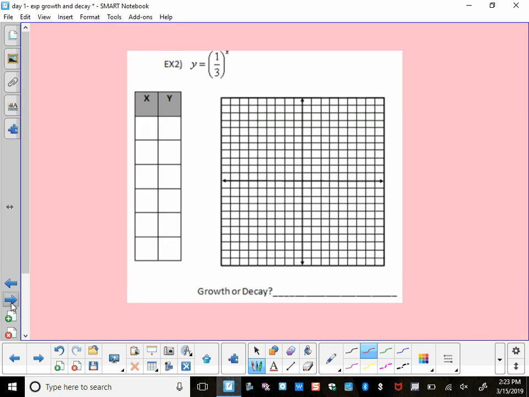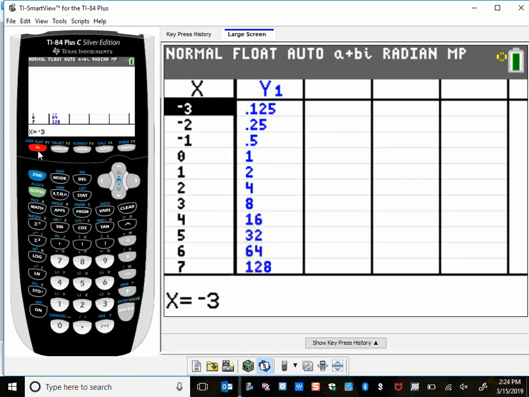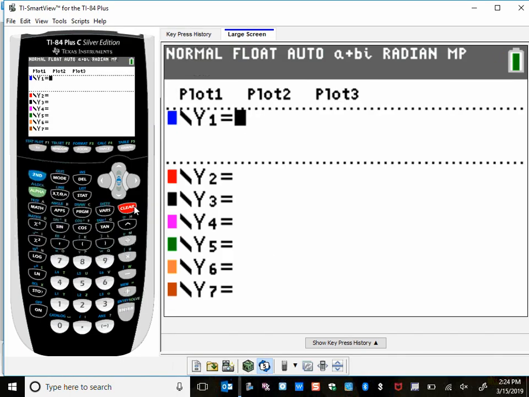All right, let's look at number 2. Grab your calculators. Go to your y equals. We have 1/3 to the power of x. I'm going to put 1/3 in parentheses to the power of x.